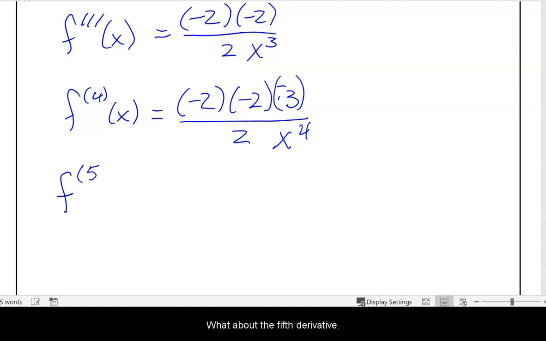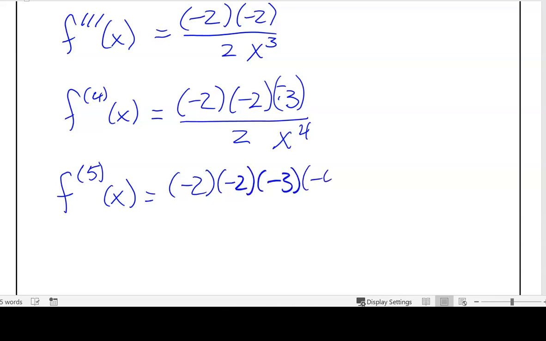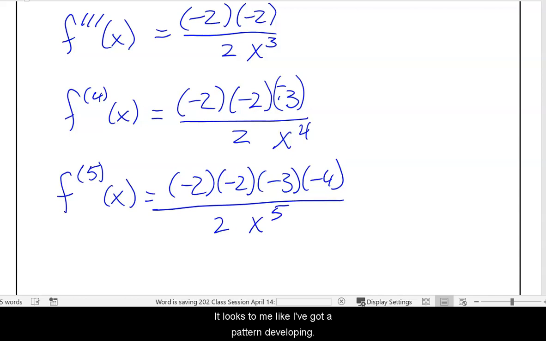What about the fifth derivative with respect to x? Then I'll have the -2, -2, -3, -4, over 2x to the 5th. It looks to me like I've got a pattern developing.